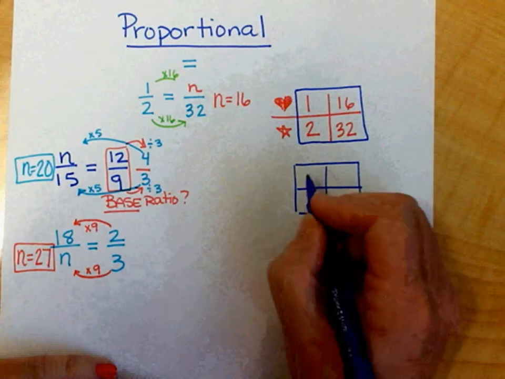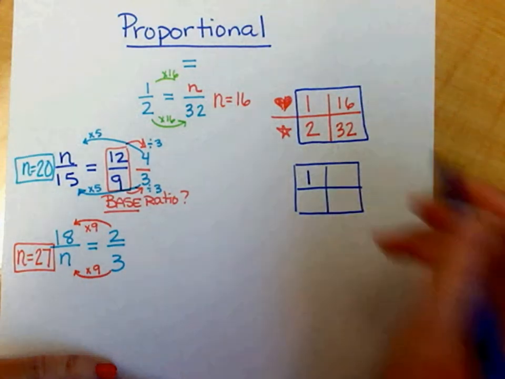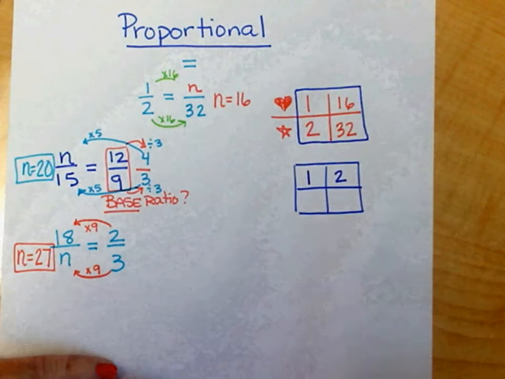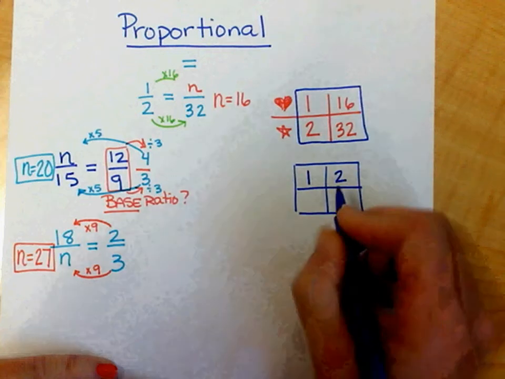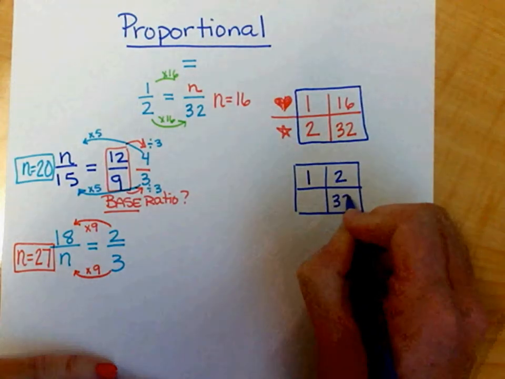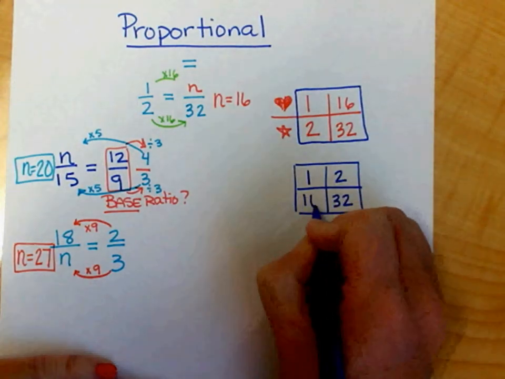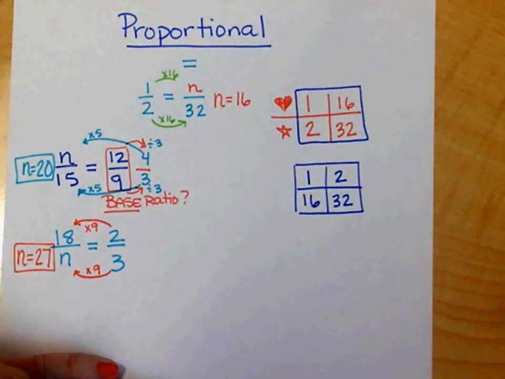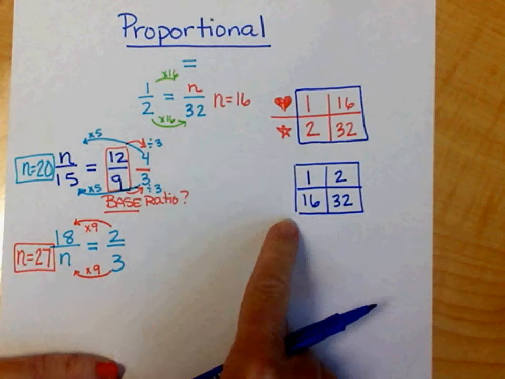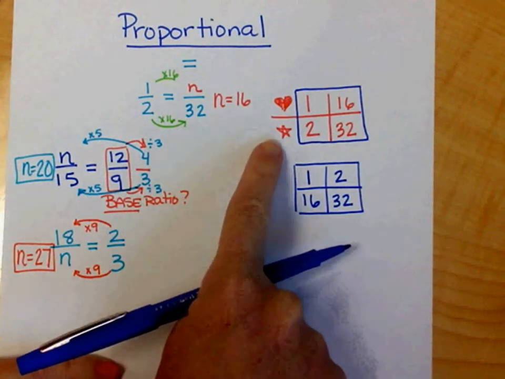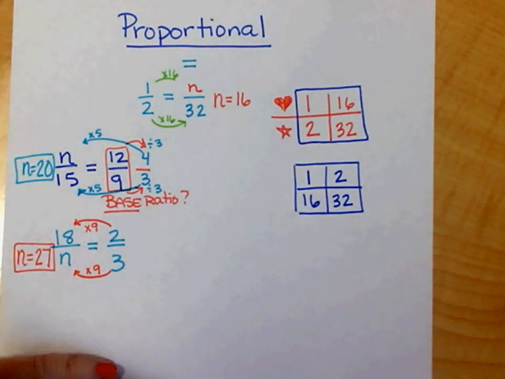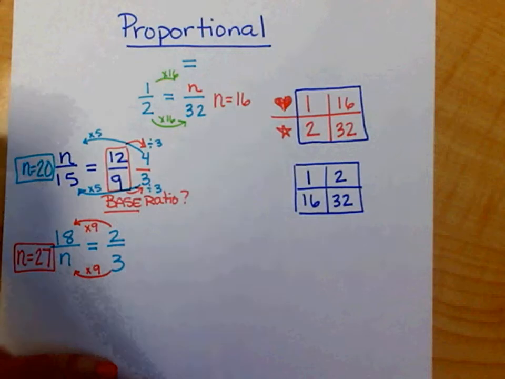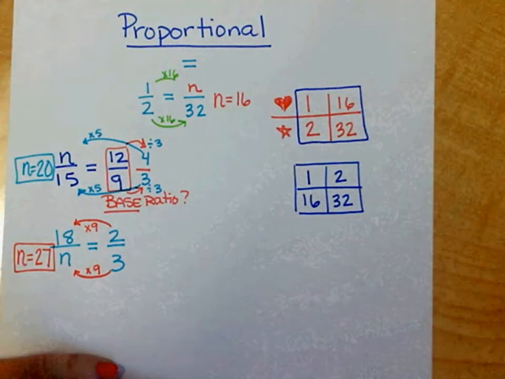I'm going to put my 1 on the top and my 2 right beside it. I'm going to put my 32 underneath and my 16. So now I have to determine, is this table the same as the top table? Well, let's see. I can put some labels on this table.